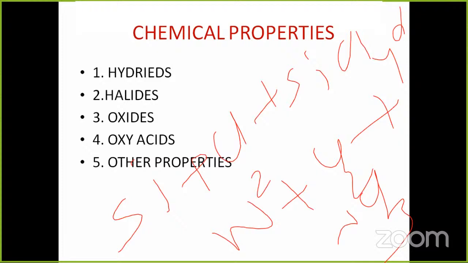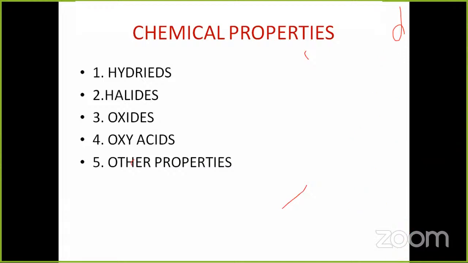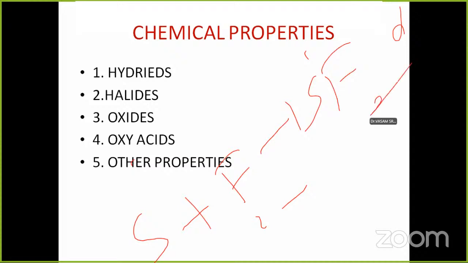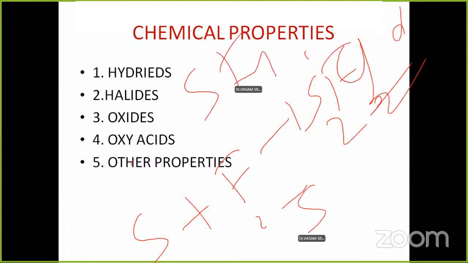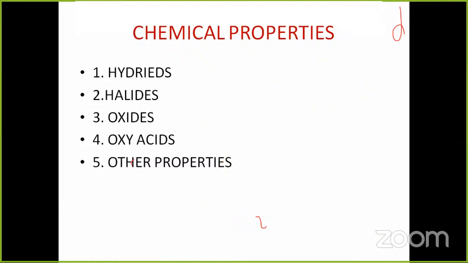And sulfur, the sixth group element: sulfur reacts with fluorine to give SF2 or S2F2, sulfur monofluoride, and S2Cl2, sulfur monochloride, and also SF4 and SF6, sulfur hexafluoride. These all come under halides. Simply, halides mean the group elements react with halogens, and the compounds are called halides.